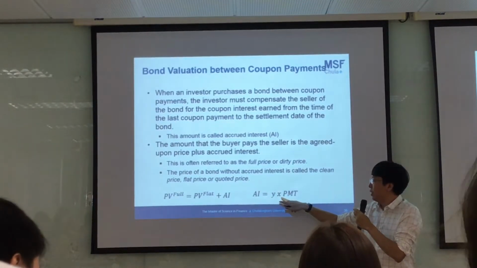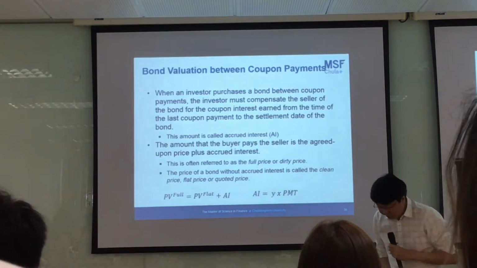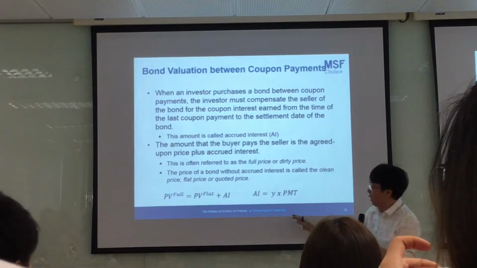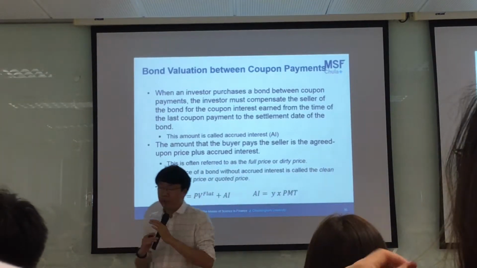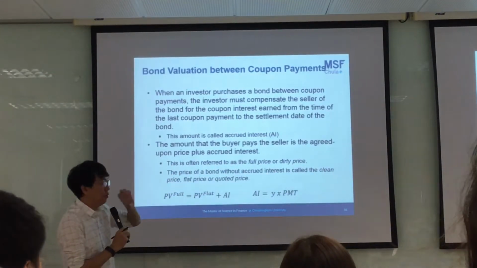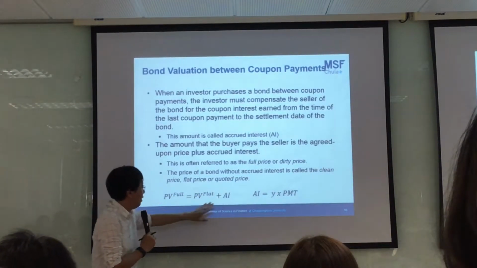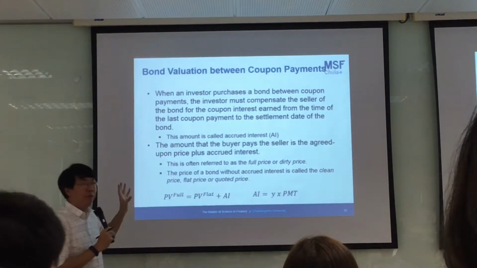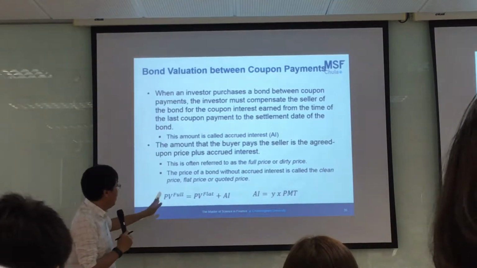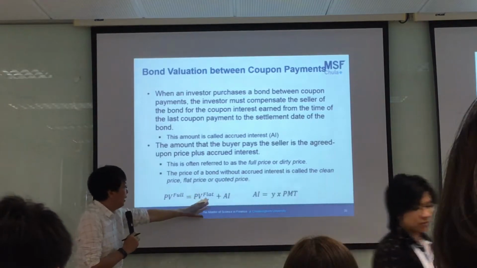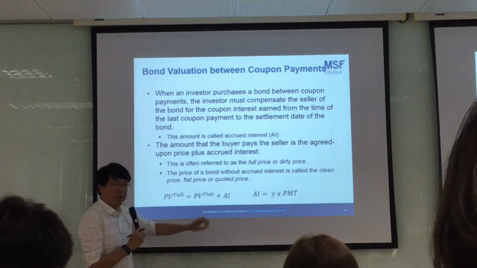That's why when the new buyer pays, they have to pay the price of the bond plus this portion of the coupon to the seller. The combination of this we call the full price of the bond. The full price of the bond is decomposed into the flat price plus the accrued interest.